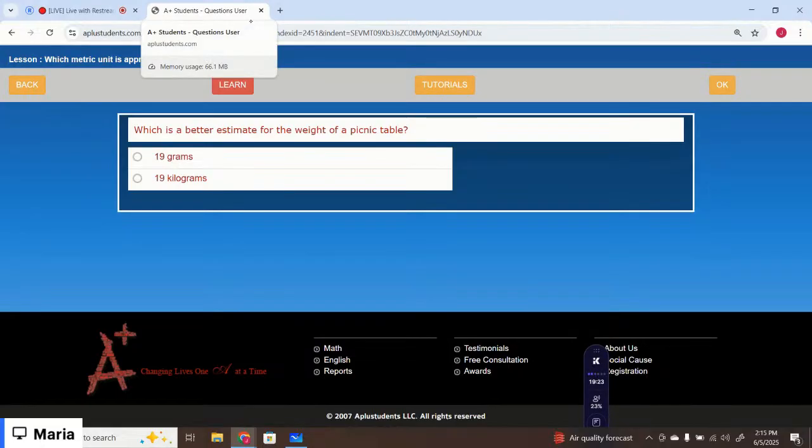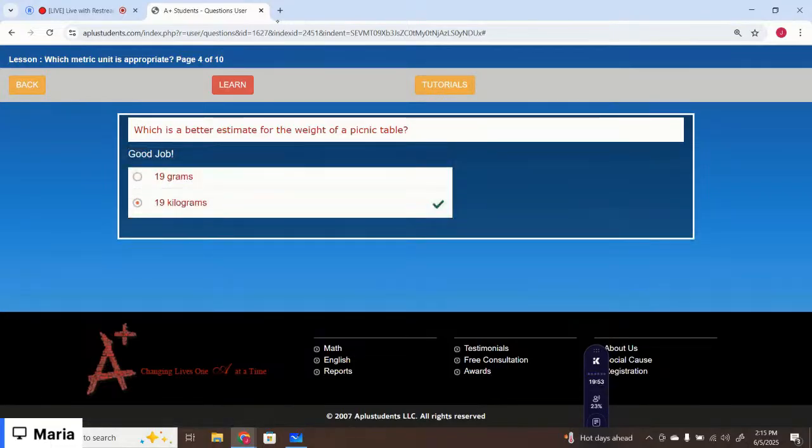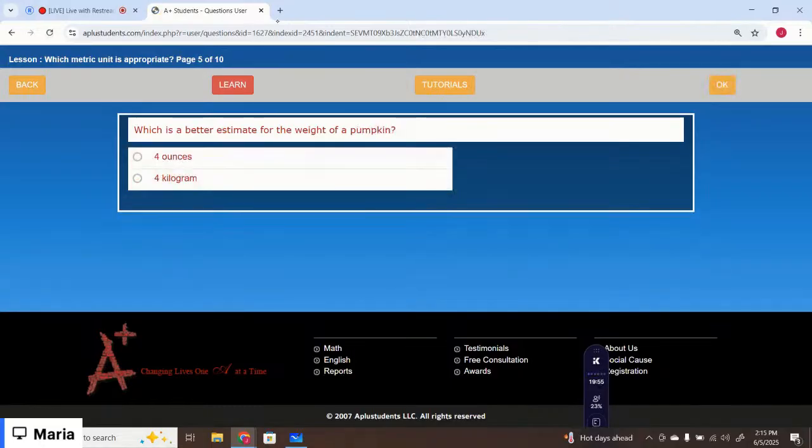Which is the better estimate for the weight of a picnic table? The weight of the picnic table would be 19 kilograms because 19 grams is too little for the weight of the table.